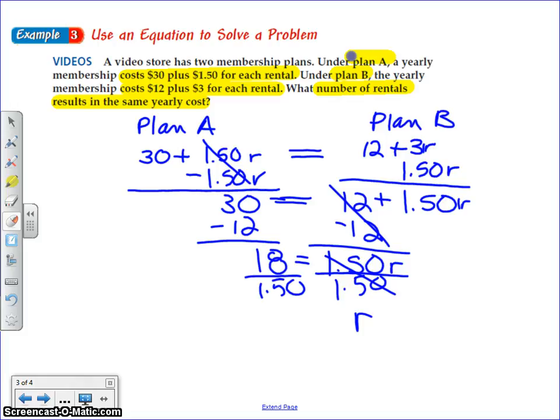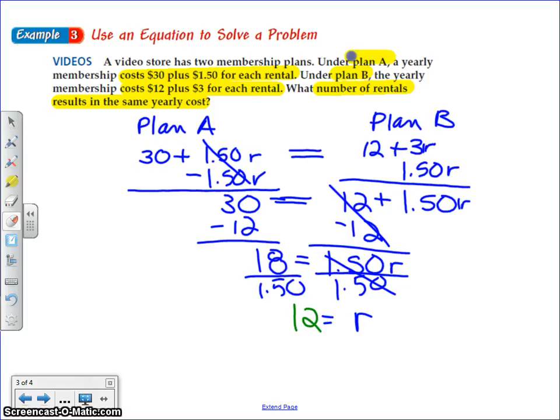I'm going to find out the value. How many of those do I have to rent to have these two be equal? And if I take 18 on my calculator and divide it by 1.50, I would have to rent 12 movies.